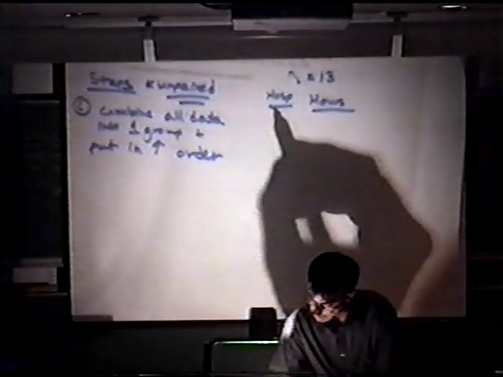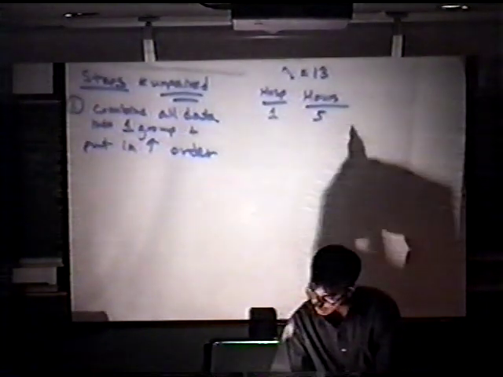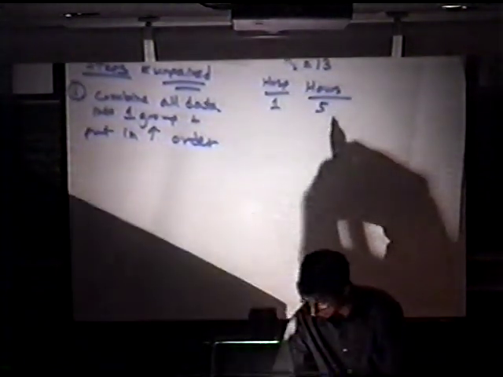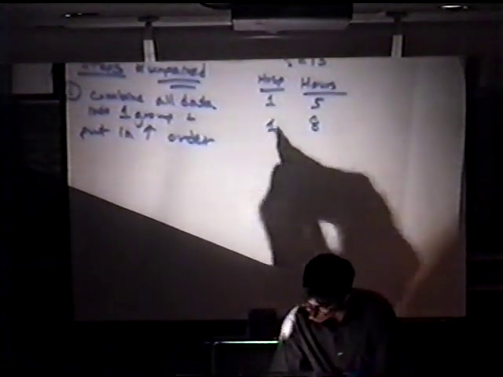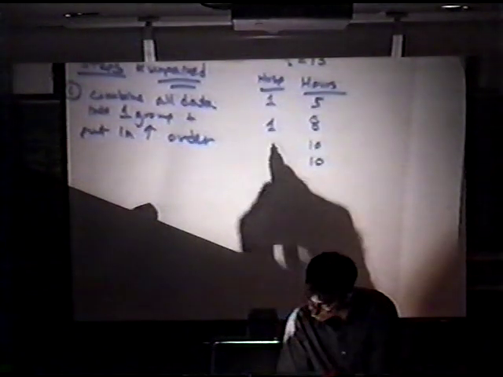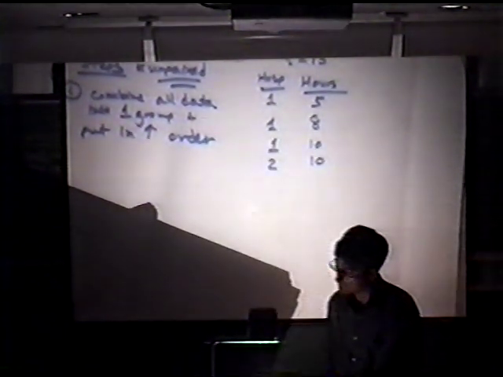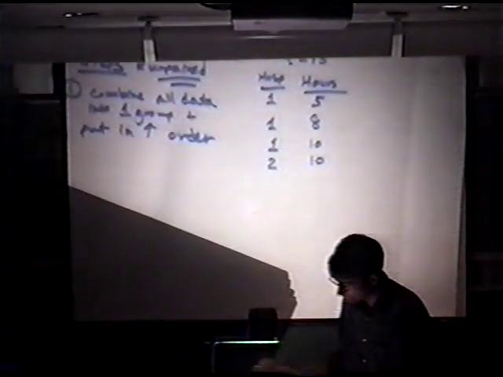You can see that the first hospital has a value of 5, and then 8, also at the first hospital. And then 10, but there are two 10s, one at the first hospital and one at the second hospital. I'm just taking these data points and putting them in increasing order.